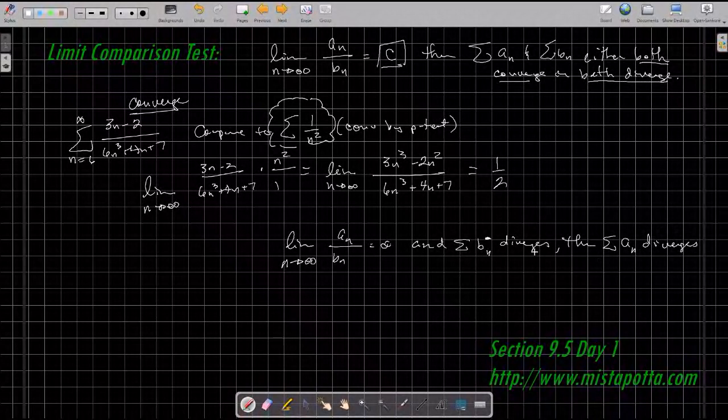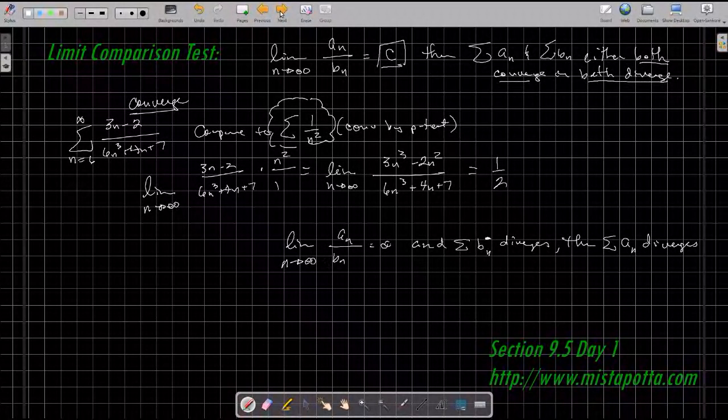And this should look familiar too, because this is the direct comparison test that we were talking about before. Because I end up with a series that converges, and this series is top heavy, which means this series has more dominant terms than my known divergent series. That means a sub n must also diverge as well.